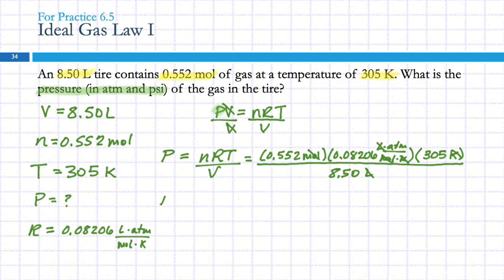So then the pressure will equal 0.552 times 0.08206 times 305 divided by 8.5.